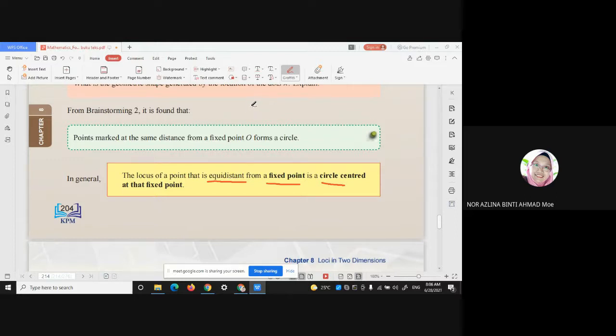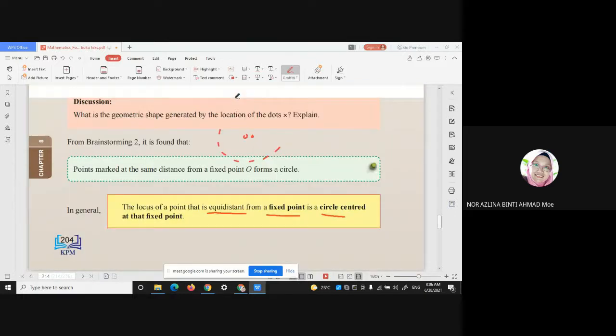So let's say this is a fixed point, O, and we have one point that always moves from the fixed point. This is the point that moves.